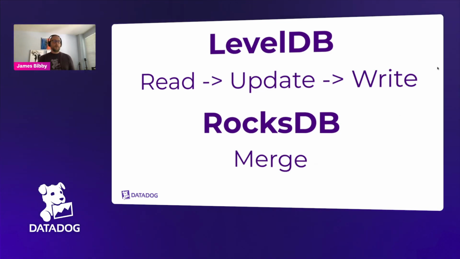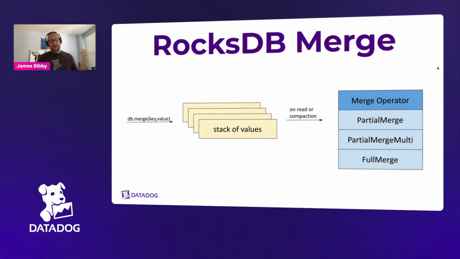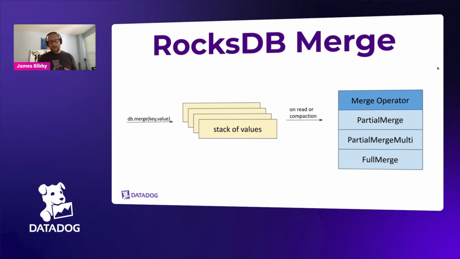And so with the merge operator in RocksDB, you get the ability to really just pile up a bunch of merge operations. So as we're getting new values in, we just ask RocksDB to merge these when it needs them. And there's kind of two times when that might happen.